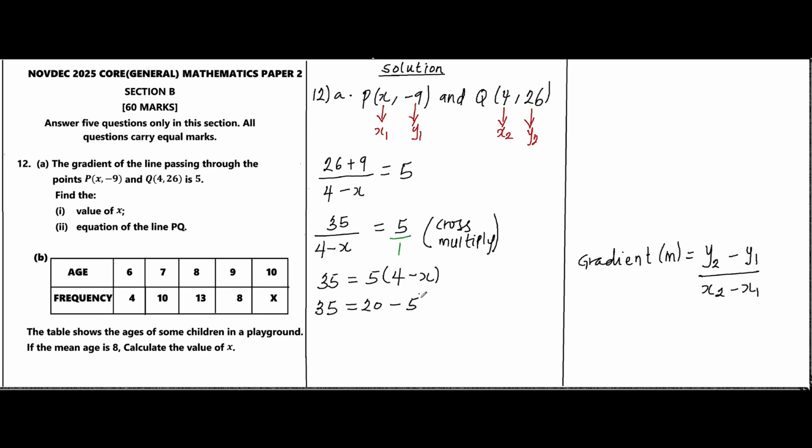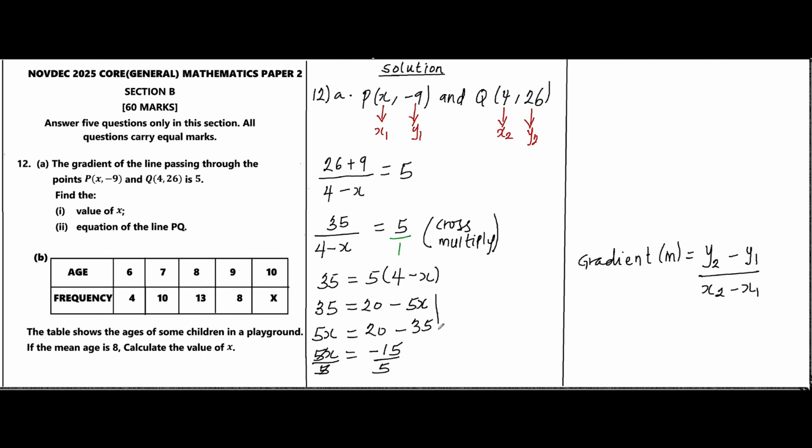I'm grouping all variables on the left, numbers on the right. So minus 5x to the left becomes plus 5x, and this must be equal to 20 minus 35. So we have 5x is equal to 20 minus 35. This is negative 15. Remember, we are looking for x, so we divide each side by 5.